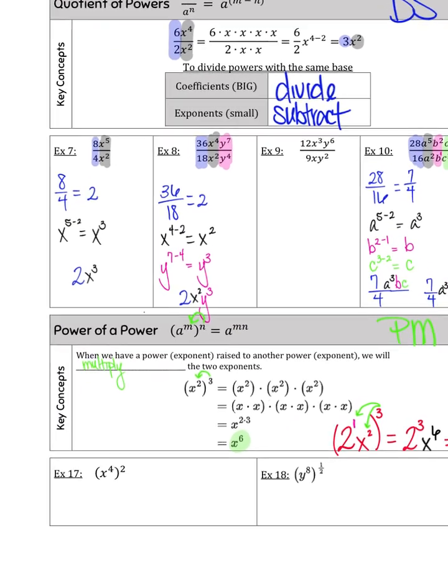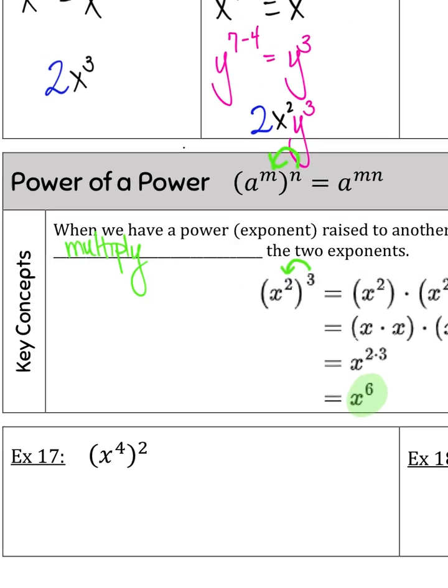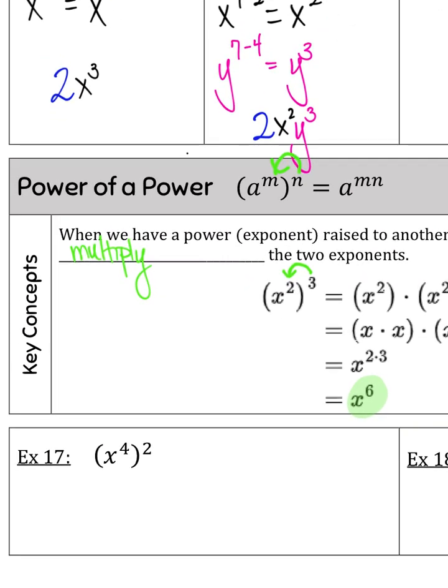All right, let's try out example number 17. We have x to the fourth power raised to the second power. So we're going to take this 2 and multiply it by 4. So over here I'm going to write x to the fourth times 2. And that's going to give me x to the eighth power.